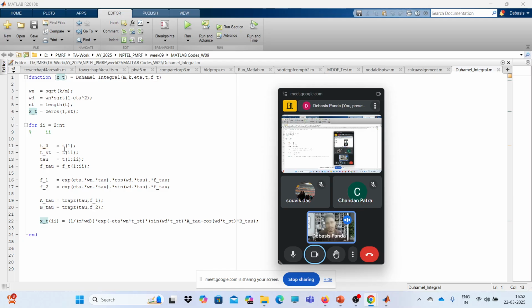Already I have shown you how to use that conv function. You don't need to write this function file, the inbuilt function is already there. So go back to that Duhamel integral video session. I have explained how you can use the convolution function within MATLAB, and you can directly convolve it and get the responses using the Duhamel integral, right?